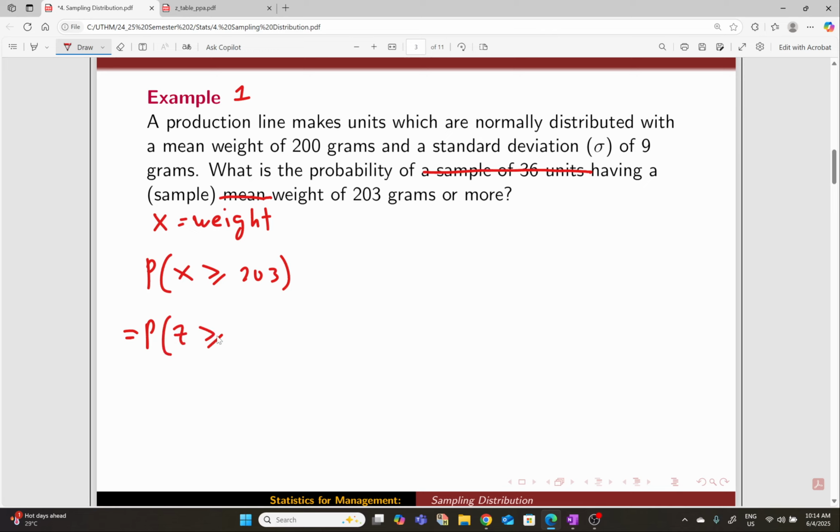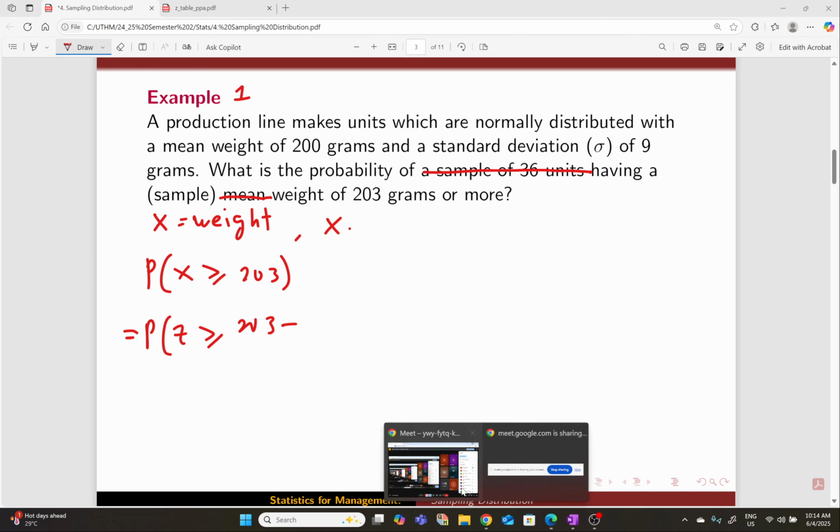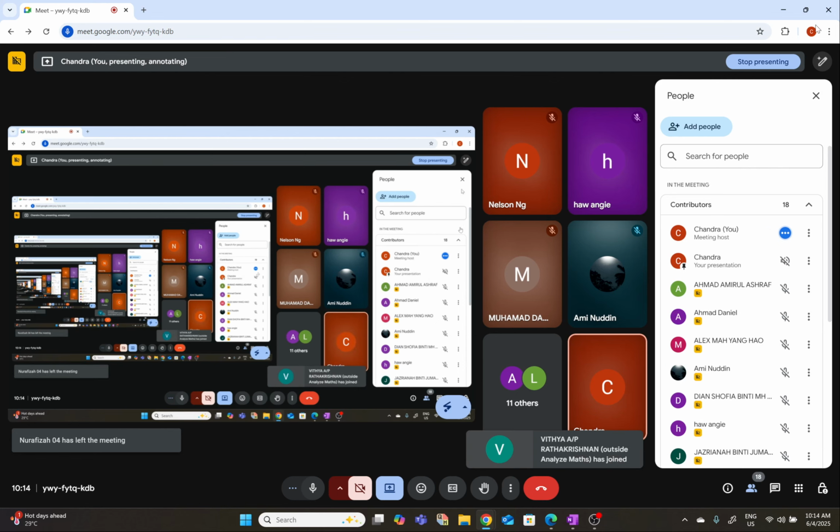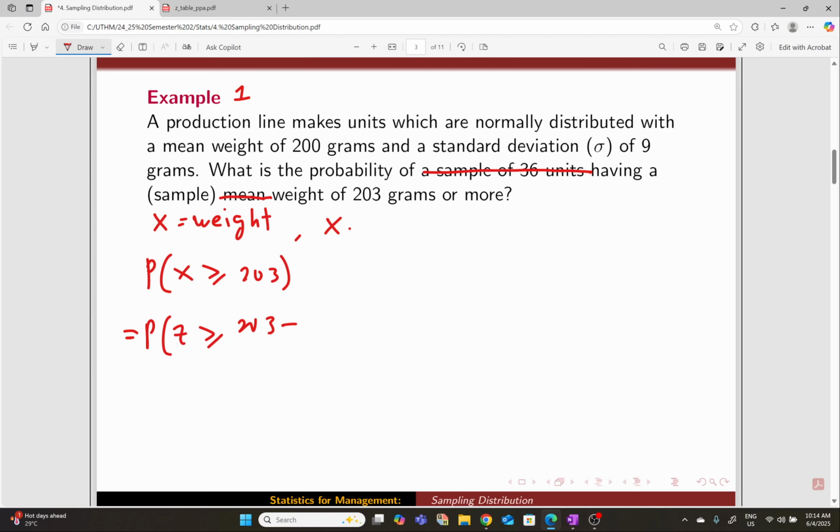This is Z greater than 203 minus the mean. If I want to write the distribution, X is normally distributed, remember this one, mean is 200 and standard deviation is 9 grams.